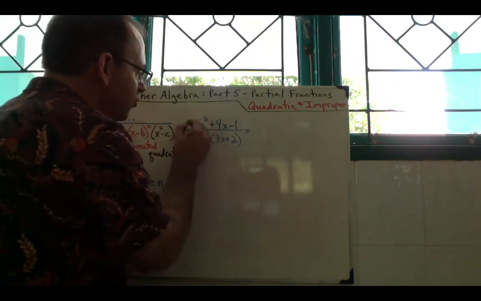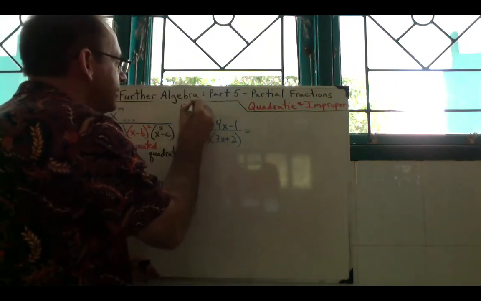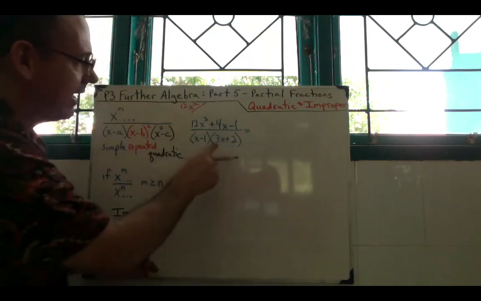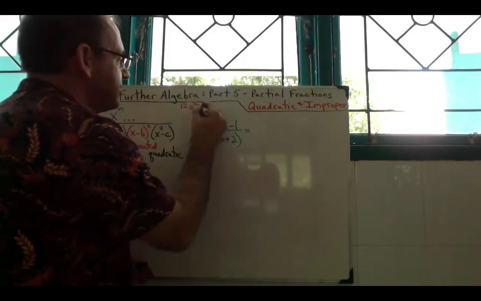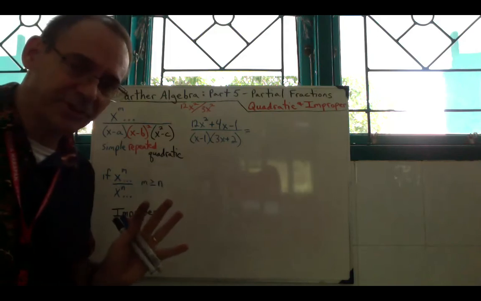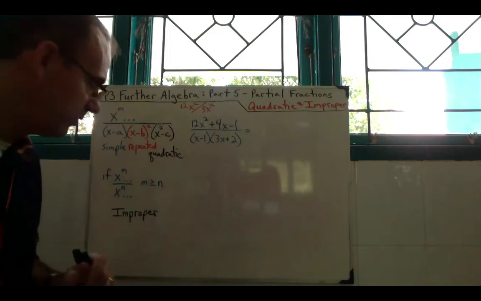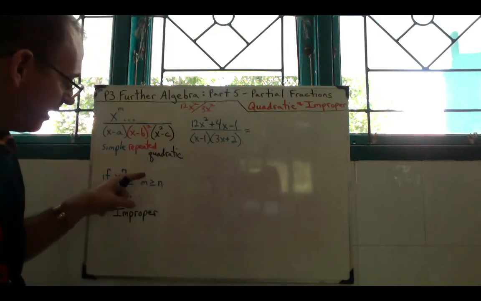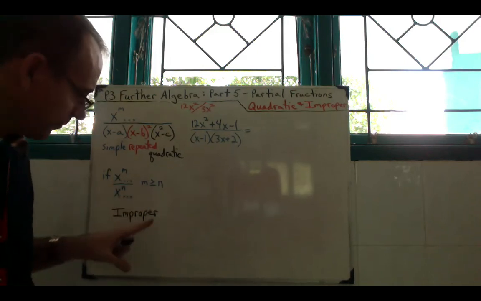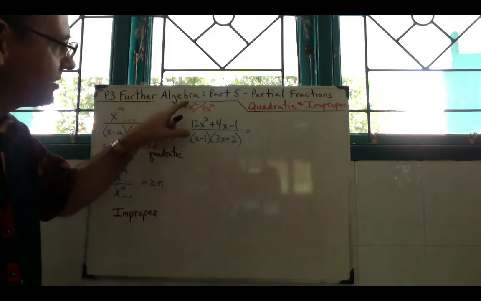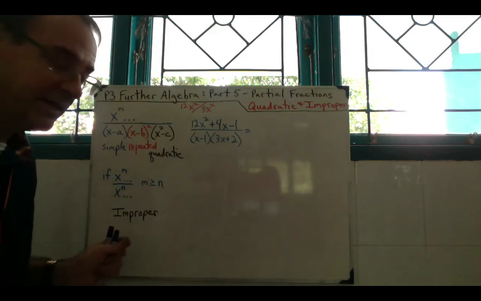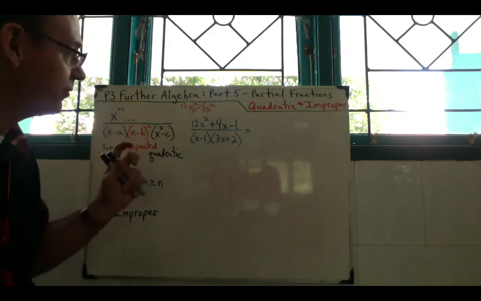Here we have a 12x squared on the top, and we have a 3x times an x. That's a 3x squared. Remember, we're looking at not the coefficients, we're looking at the exponents. The exponent on top, if it's greater than or equal to, it's improper. X squared on top, x squared on the bottom. This is an improper fraction, and so you got to be careful.